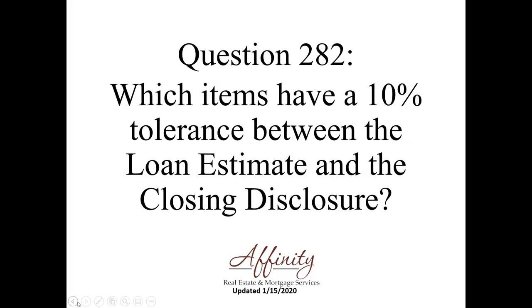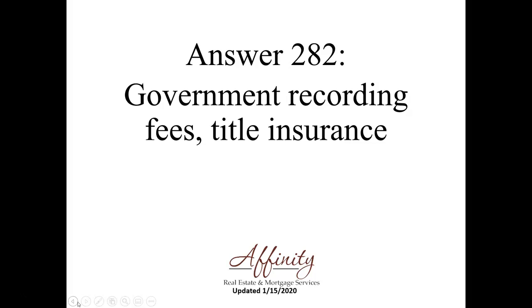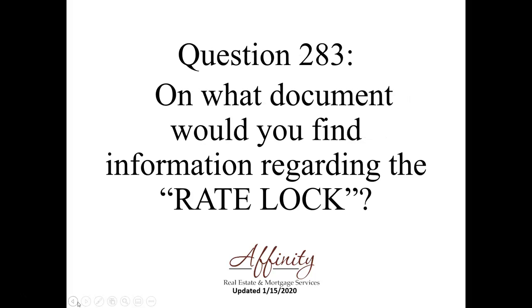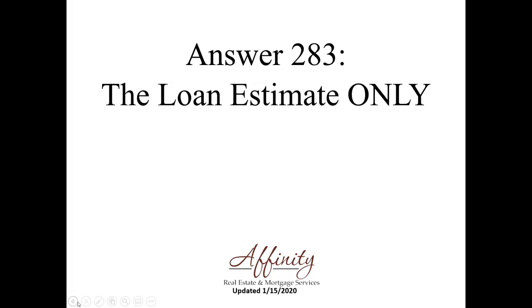Which items have a 10% tolerance between the loan estimate and the closing disclosure? That would be the government recording fees and title insurance. Question 283. On what document would you find information regarding the rate lock? That information regarding the rate lock is found only on the loan estimate.